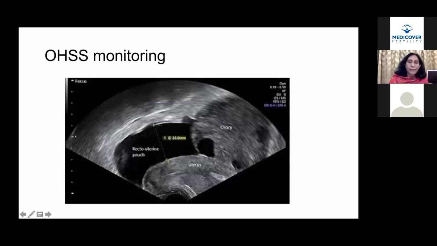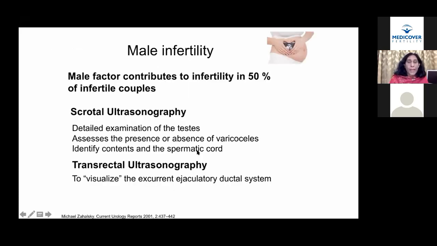Some of the eggs have already been collected, and these are some leftover follicles, but there is a lot of fluid behind the uterus. So it has led to an excessive response of follicular ovarian superovulation, and has resulted in hyperstimulation. Now this again requires the help of ultrasound for diagnosis.